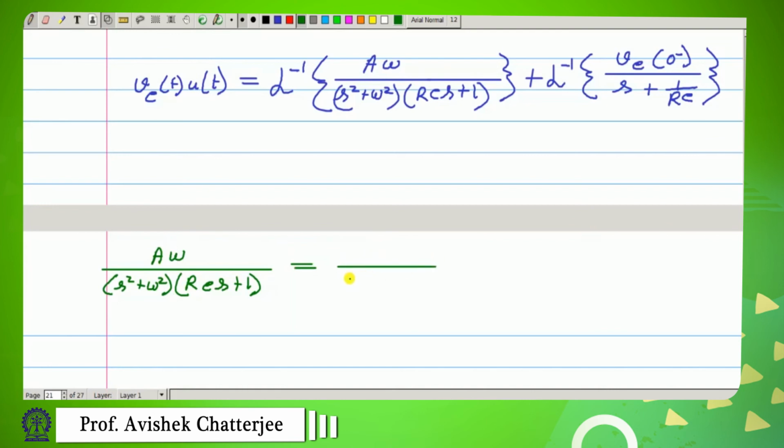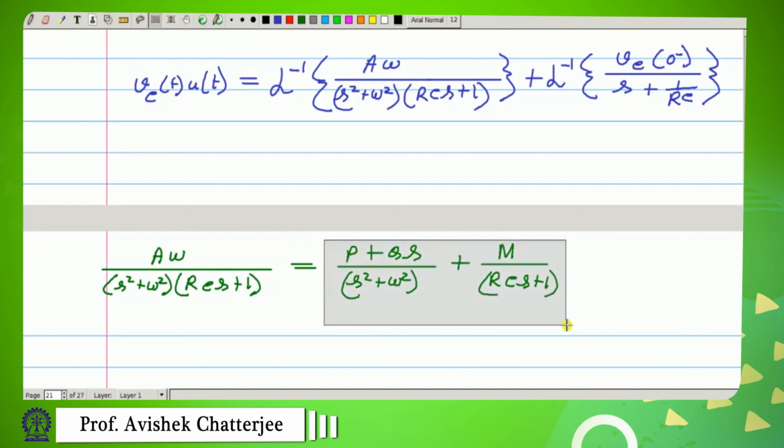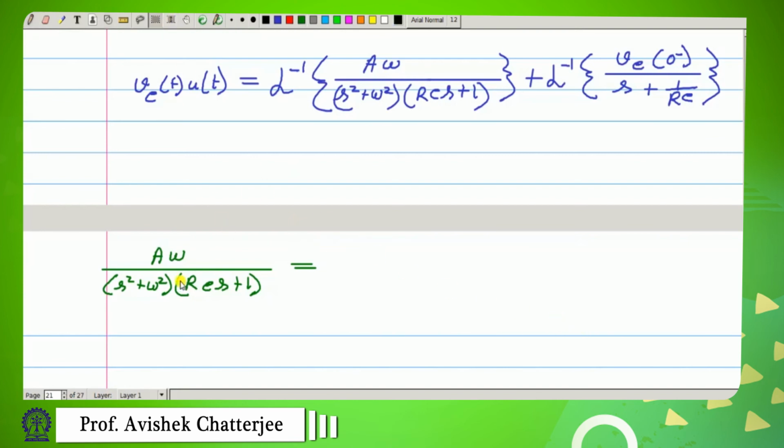Say (p plus qs) over (s square plus omega square) for some value of p and q, plus m over (RCs plus 1) for some value of m. That is one way.